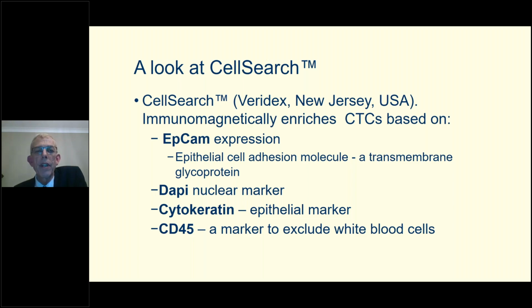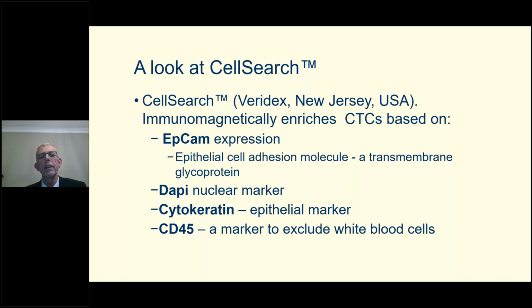We can also use a number of other markers to validate and verify the existence of our circulating tumor cells, such as DAPI, which is a very common nuclear marker used for many immunocytochemical experiments, and also the epithelial marker cytokeratin, which is an important part of the cytoskeleton in many epithelial cells.